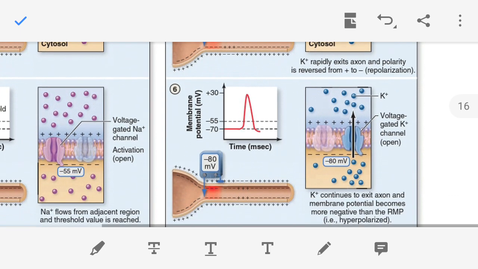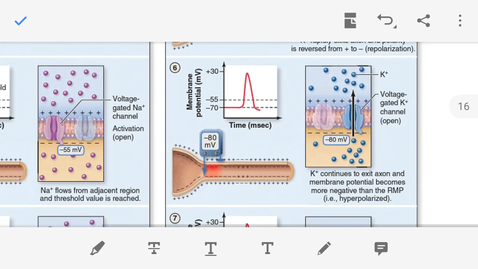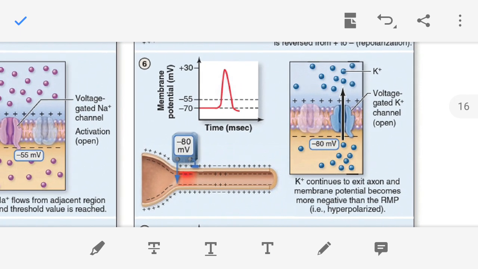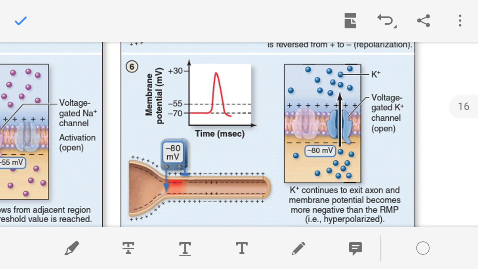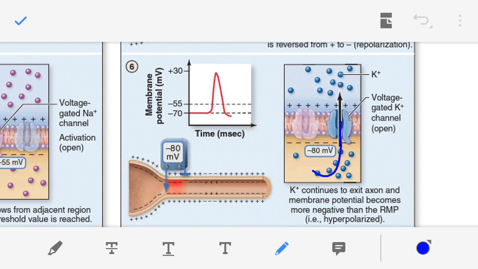Now it is not that when the minus 70 value is attained, the K plus stops. Even though the minus 70 mV potential is achieved and repolarization has occurred, outside positive, inside negative, more and more K plus still continues to go outside.